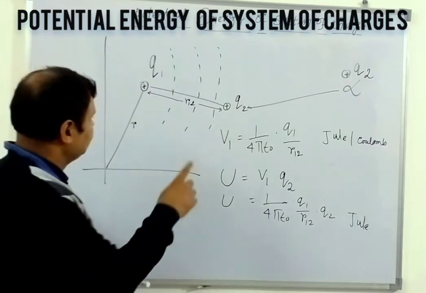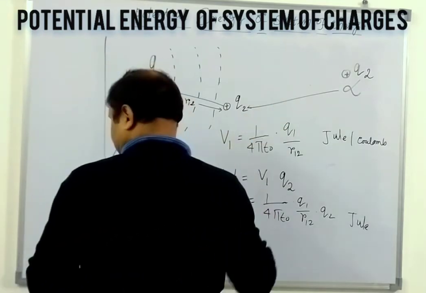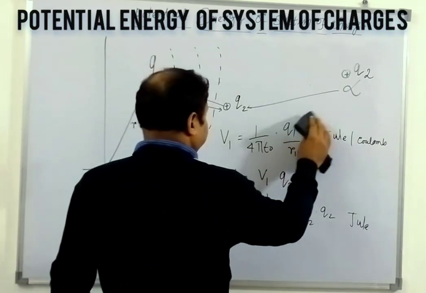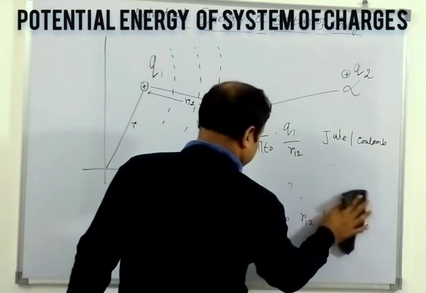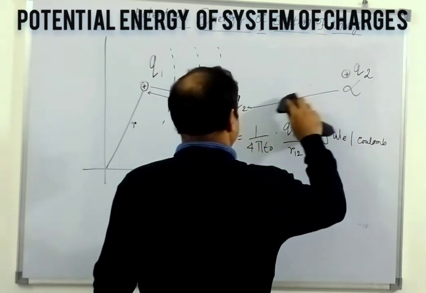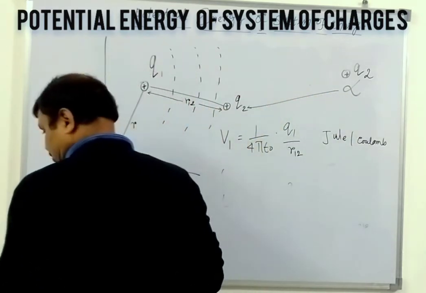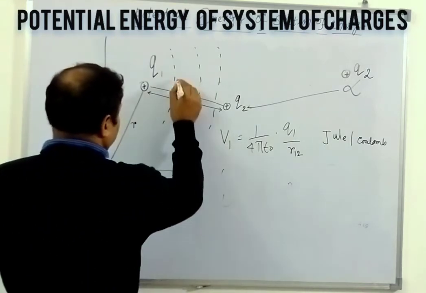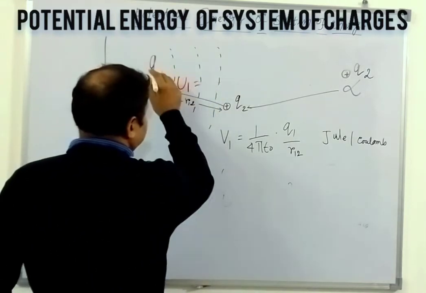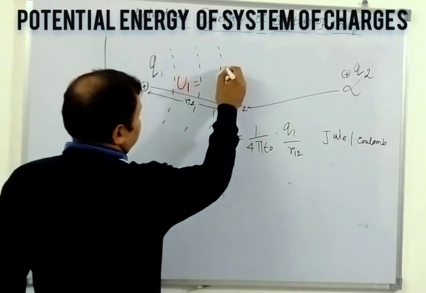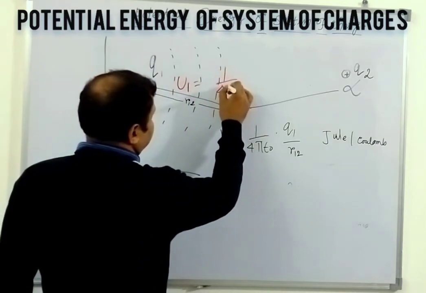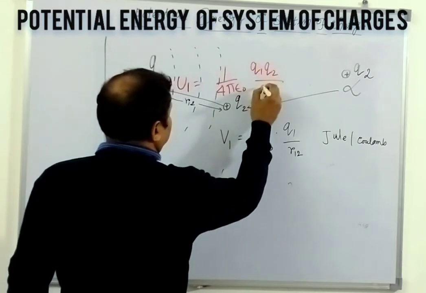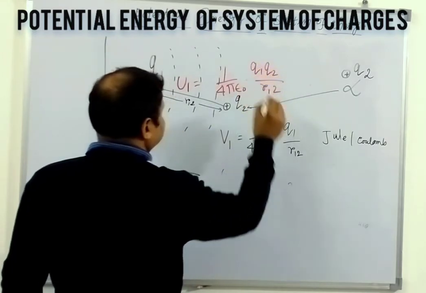Now suppose we want to bring another charge after having this configuration. The potential energy we got, if we define it as U1, is 1 by 4 pi epsilon naught, Q1 Q2 over R12, right?